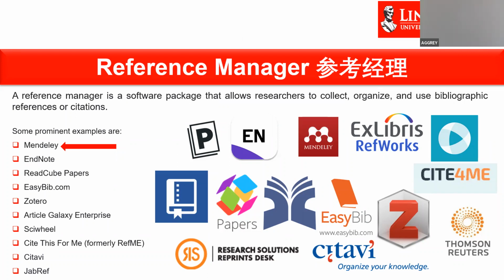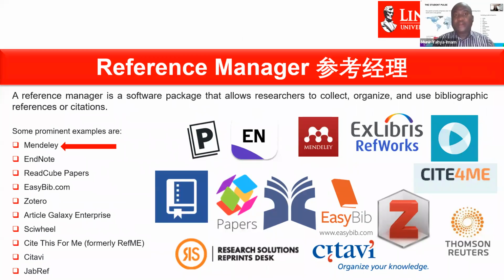Depending on the one you want to use, we have Mendeley, we have EndNote, we have ReadCube Papers, we have EasyBib.com, we have Zotero, we have Article Galaxy Enterprise, we have Skywheel, we have Cite for Me, formerly known as RefMe, we have Citavi, we have JabRef, and many others.